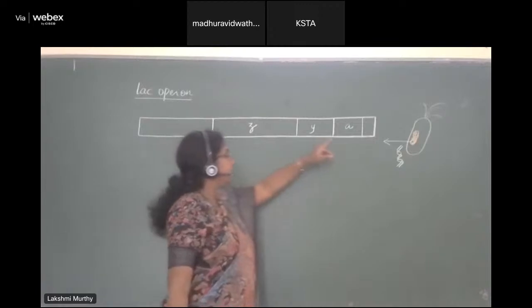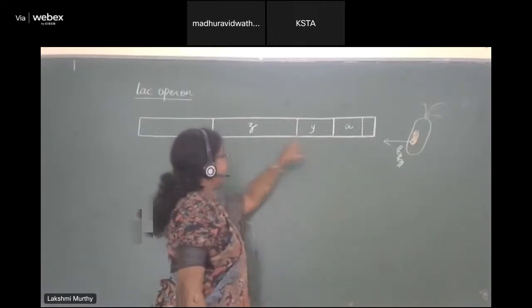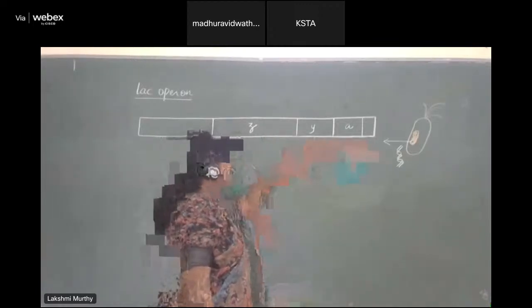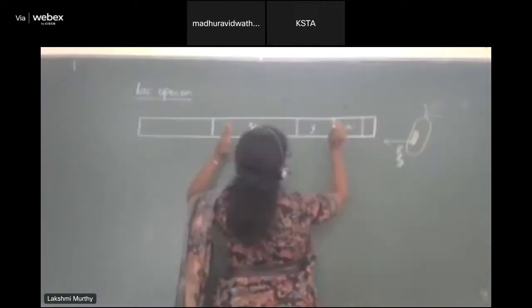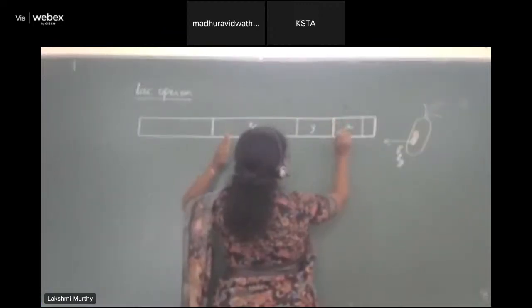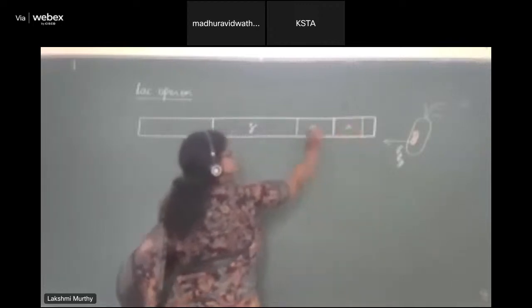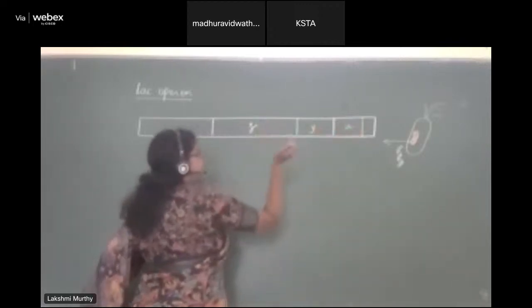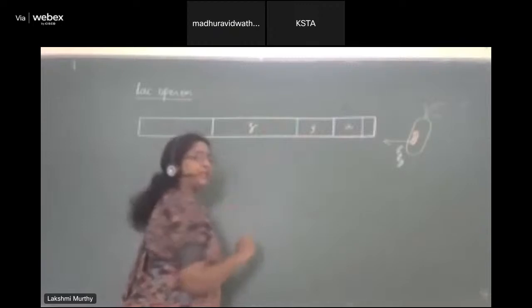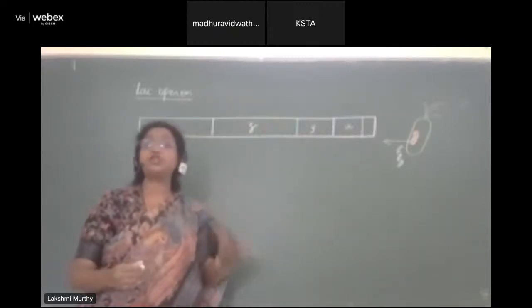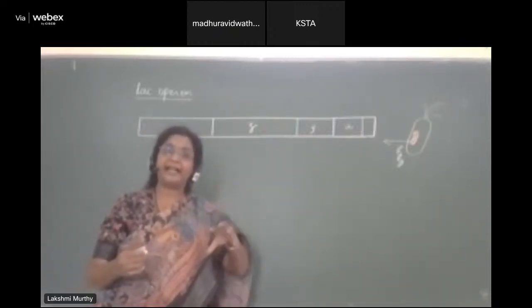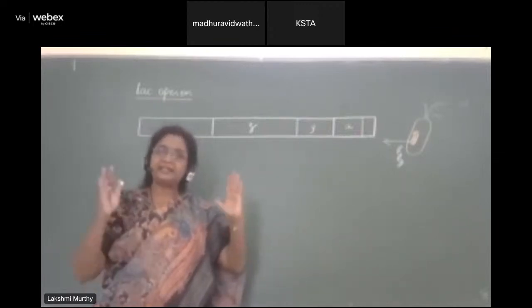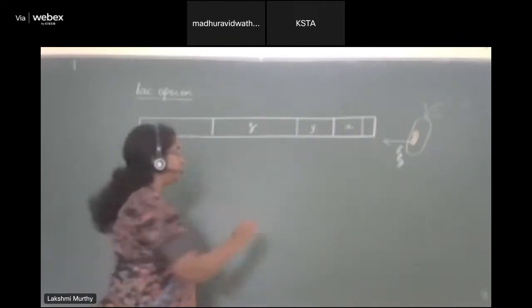Now, the A gene, Y gene, and Z gene are each supposed to be called cistrons. So A is a cistron, Y is a cistron, and Z is a cistron. ZYA together represents the structural gene of the lac operon.